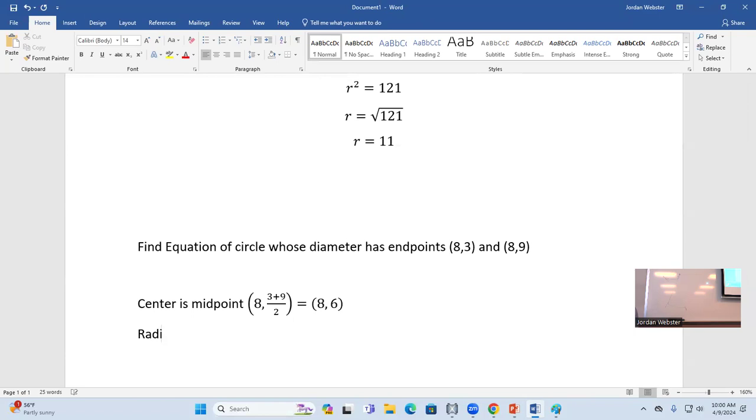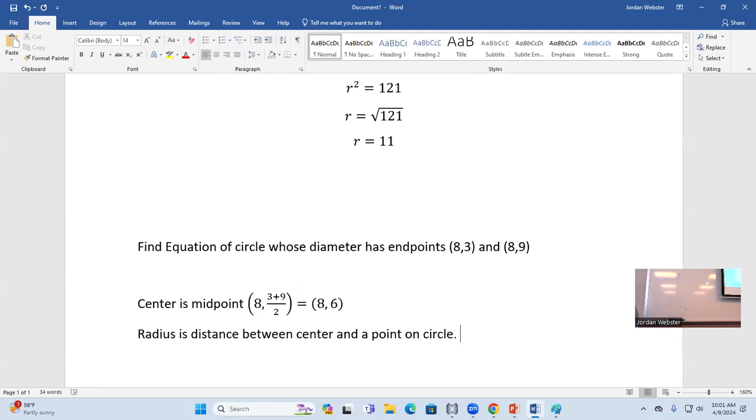The radius is the distance between the center and a point on the circle.